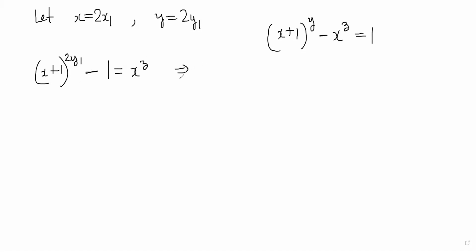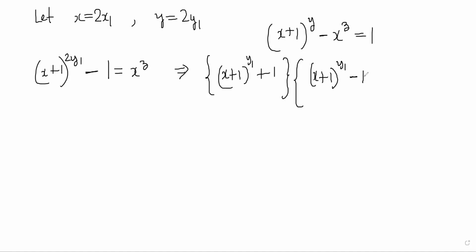And this can be factorized now as x plus 1 power y1 plus 1 multiplied by x plus 1 power y1 minus 1 is equal to x power z, right? Now we know that x is even, so it is clear that these two numbers are different. The difference between the two numbers is simply 2, right?